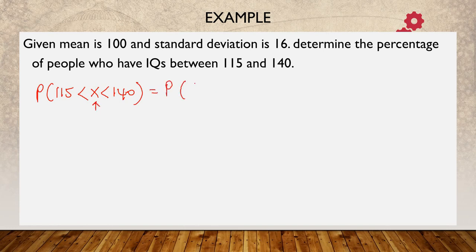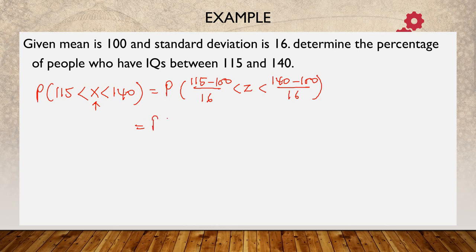So we want to standardize. 115 minus mean 100 divided by standard deviation 16. So z for 140 is 140 minus mean divided by standard deviation 16.